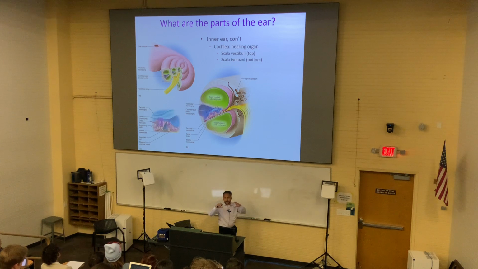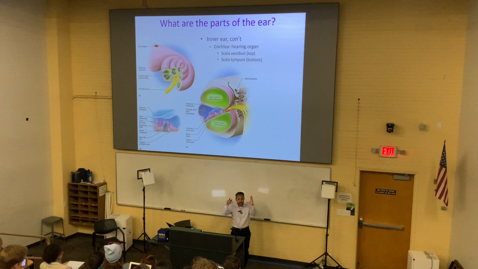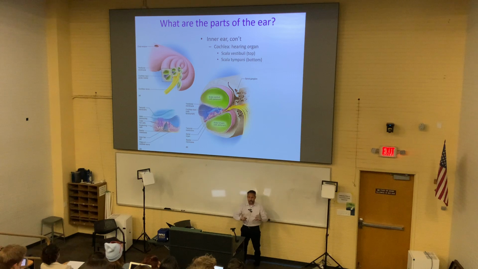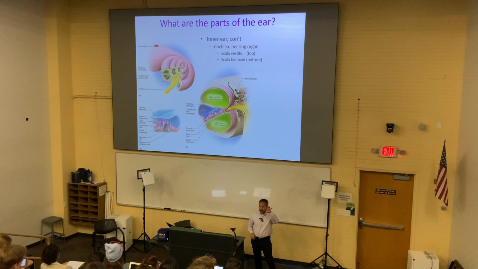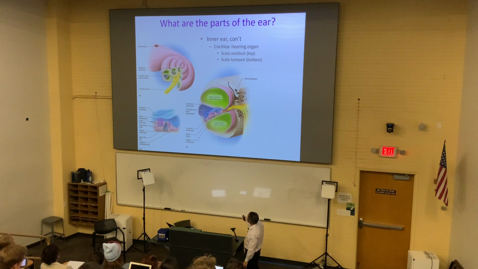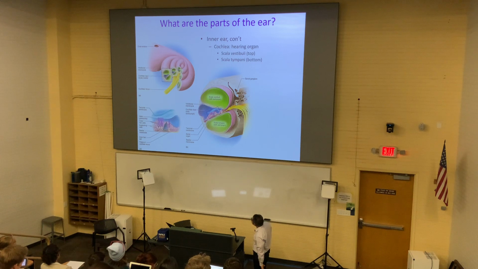So it's scala vestibuli on top that has perilymph colored in green, scala tympani on the bottom with perilymph also colored in green, and then the cochlear duct in the middle, which is made up of endolymph and is colored in blue. Within the cochlear duct is this organ, this structure, this diagram in the rectangle blown up over here.